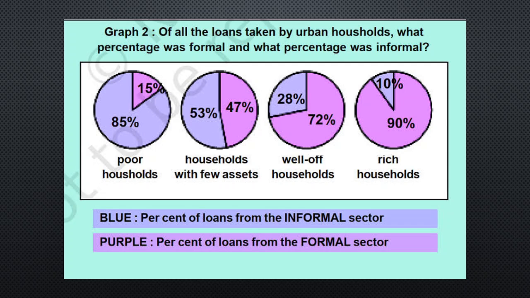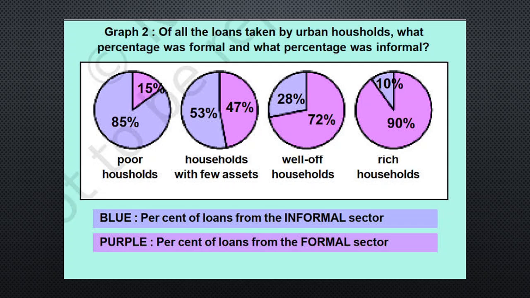There we have seen that 85% of the loan is from the informal sector in case of poor households, and only 15% of the loan is from the formal sector. In case of households with few assets, 53% is from the informal sector and 47% from the formal sector.